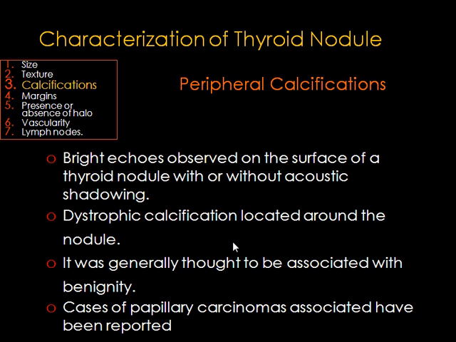Peripheral calcification is defined as bright echoes observed on the surface of the thyroid nodule, with or without acoustic shadowing. Peripheral calcifications are one of the patterns of dystrophic calcifications located around the nodule. It was generally thought to be more frequently associated with benignity. However, cases of papillary carcinoma associated with this type of calcification have been reported.